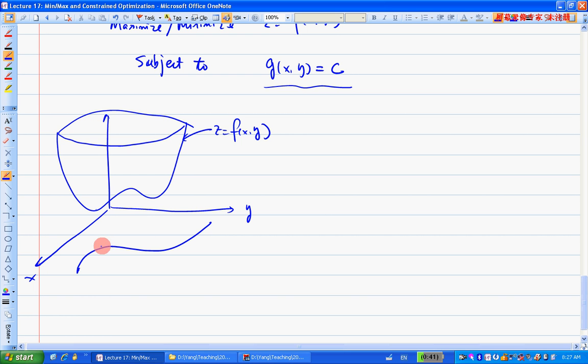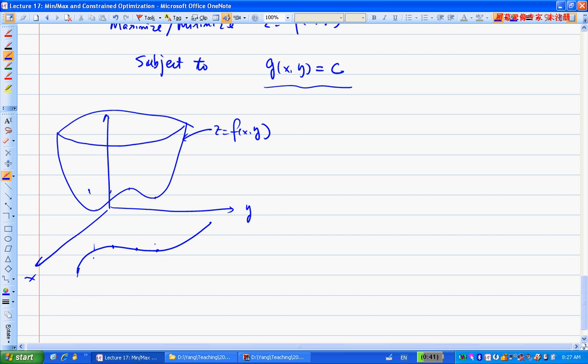When you're walking here, you're at this location, and here you're at this location. That's probably the minimum location here. That's how you find it.